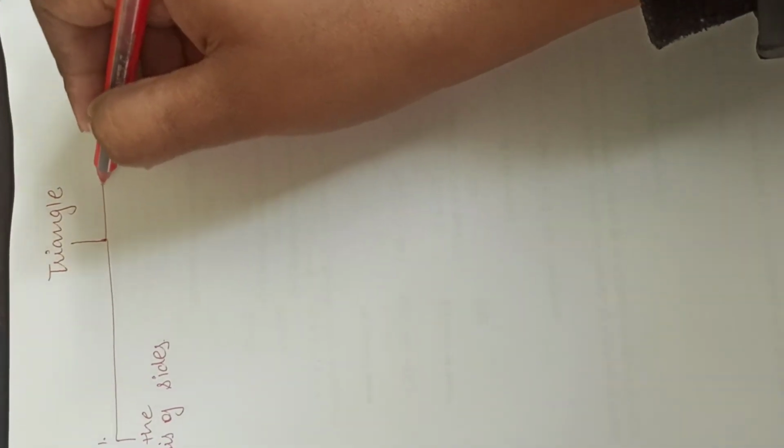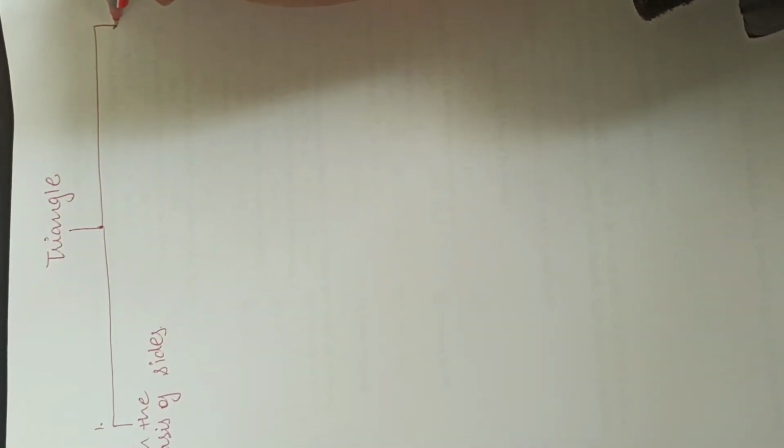Next is on the basis of angle. Right? So, in these two types, we will describe three types of the triangle. So, firstly, go with the side.